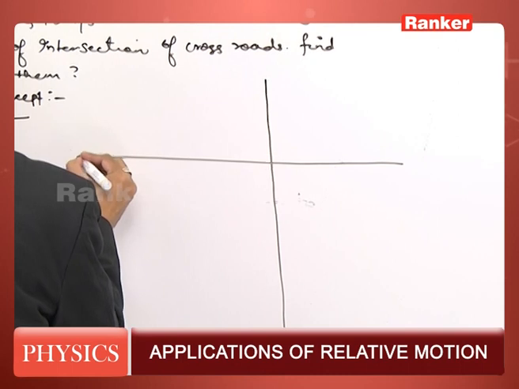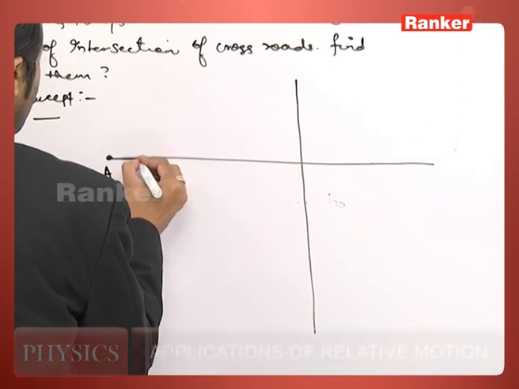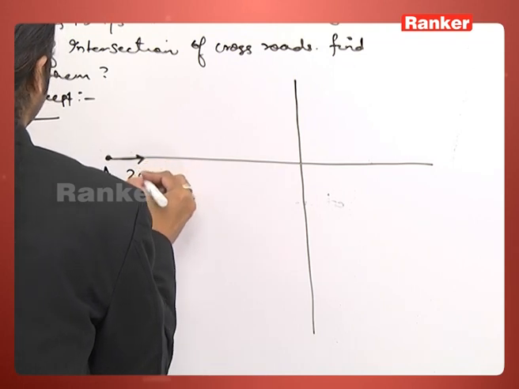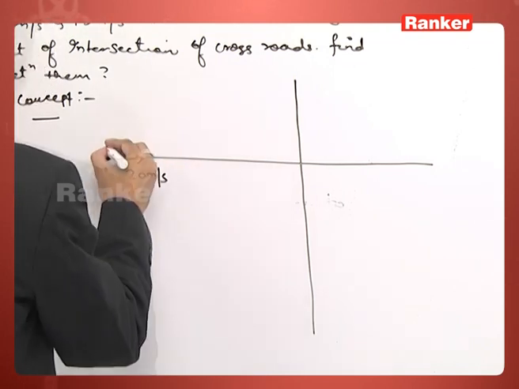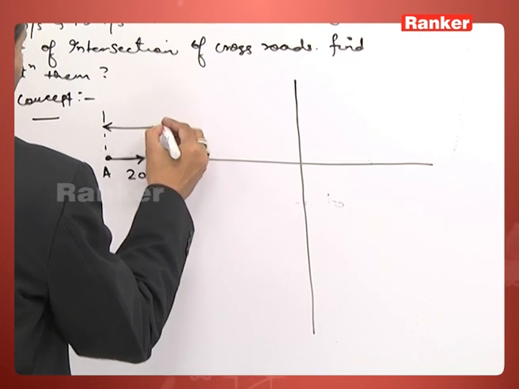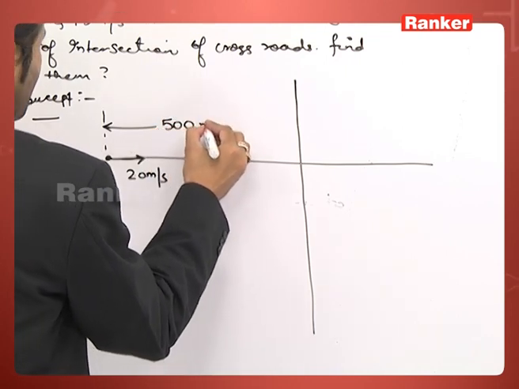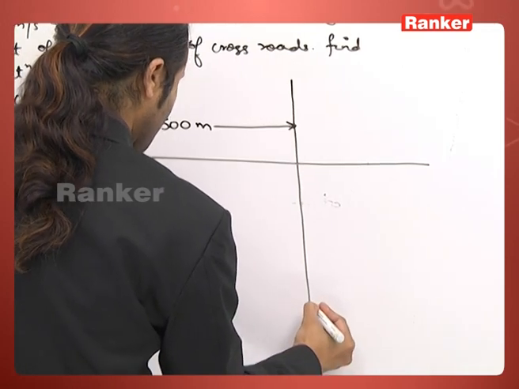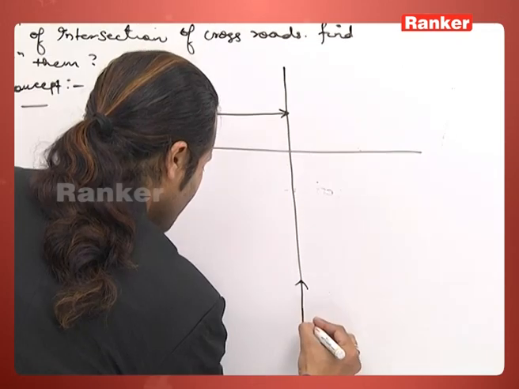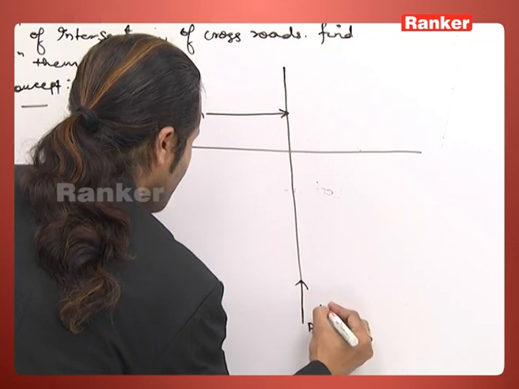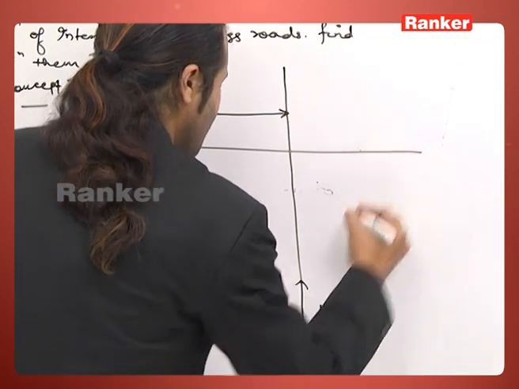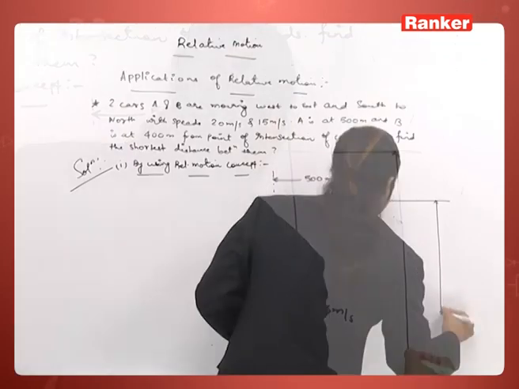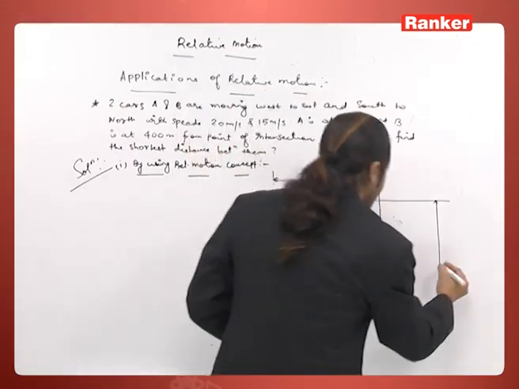So A is moving with a speed of 20 meter per second, at a distance of 500 meters, and B is at a distance of 400 meters.